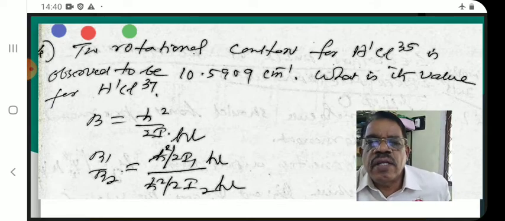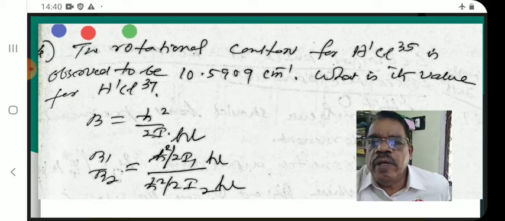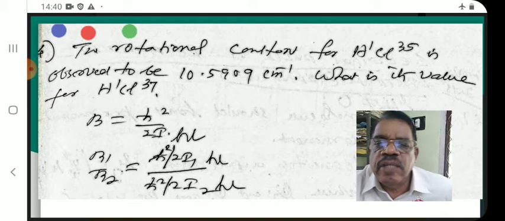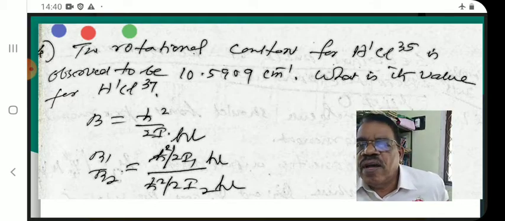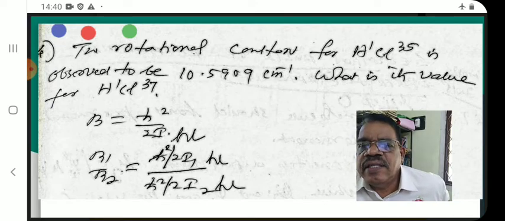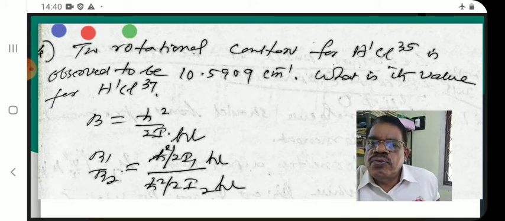The rotational constant for H1Cl35 is observed to be 10.5909 centimeter raised to minus 1. What is the value of the rotational constant for H1Cl37? You see the problem?